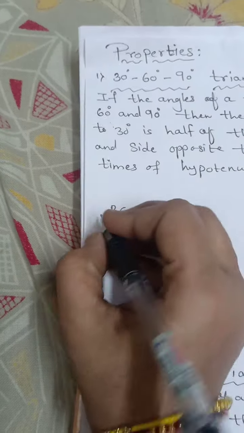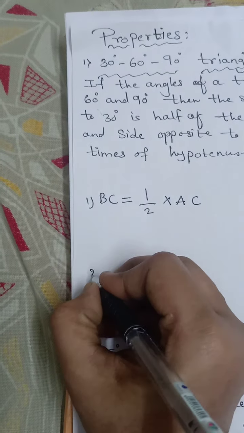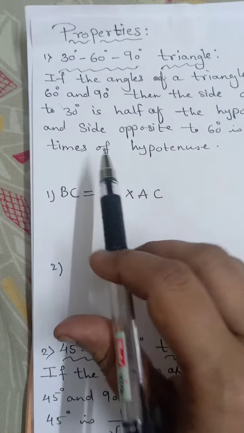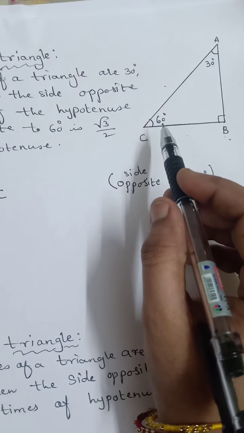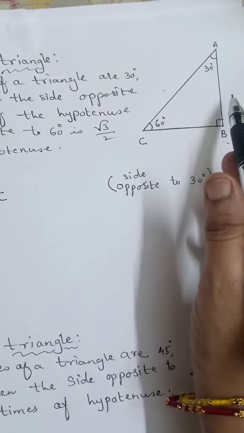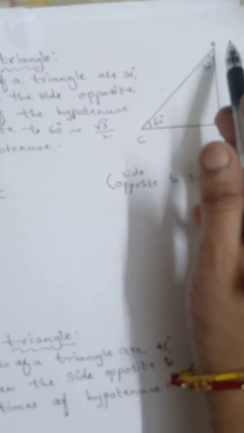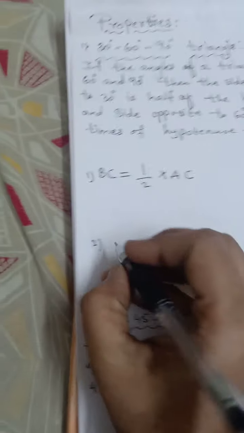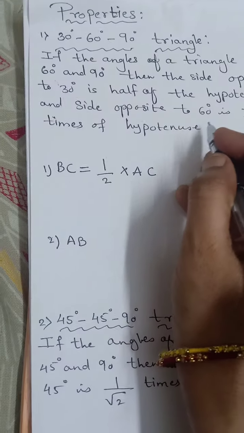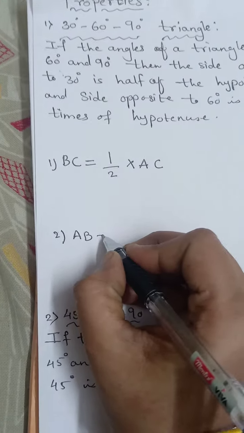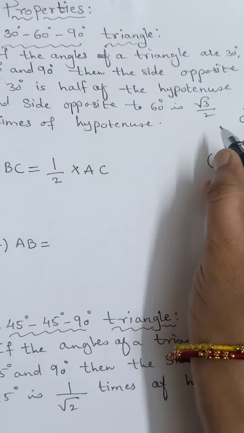Now we'll see the next one. I will take this as number 1 and then number 2: the side opposite to 60 degree. This is the angle 60 degree, so the opposite side is this side, and the name of the side is AB. So AB is the side opposite to 60 degree. Is means equal. Root 3 upon 2.